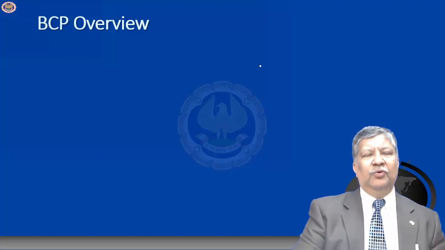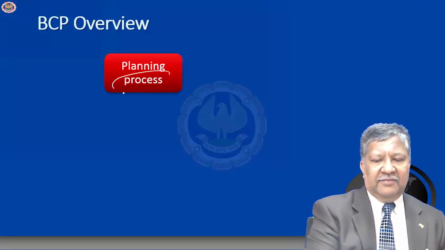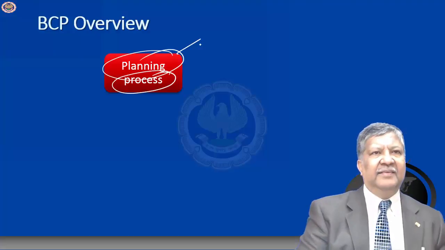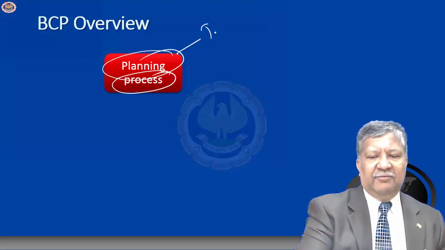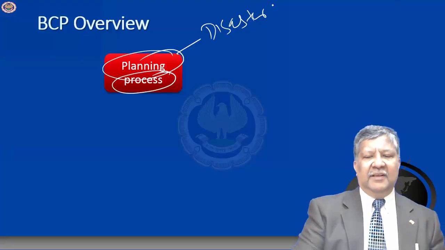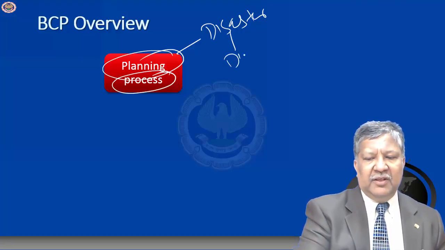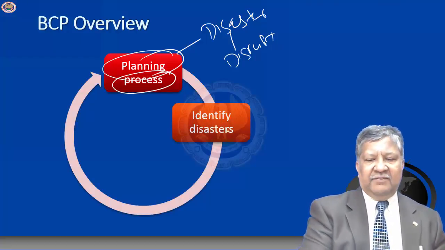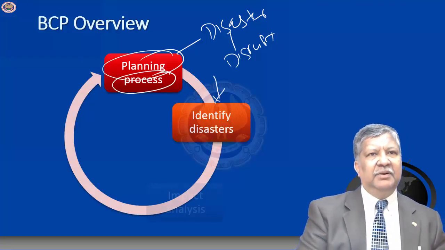Now let's have a quick overview of what BCP is all about. We know BCP is fundamentally a process which involves planning in advance, and this planning is for various types of disaster scenarios or potential events which can disrupt a business, which can impact a business. So you identify the various types of disasters which can happen.